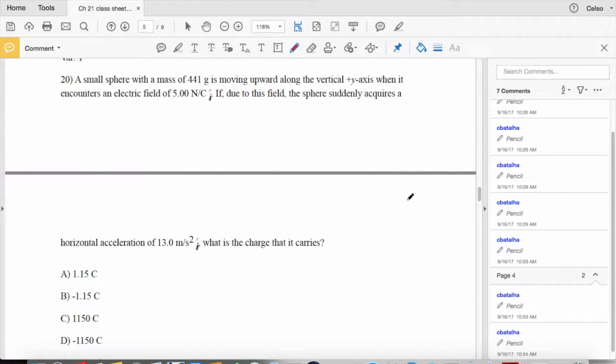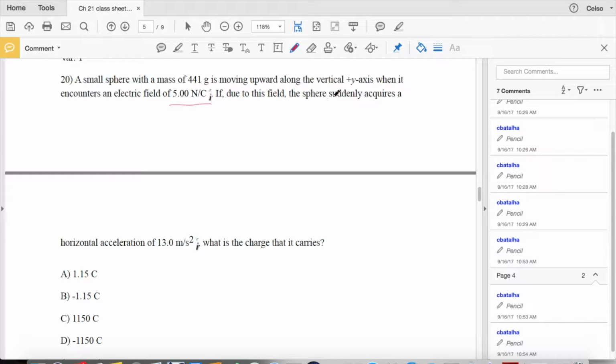A small sphere, whose mass is given, is moving upward along a vertical y-axis when it encounters an electric field. We have the magnitude of the field, but we don't have its direction.